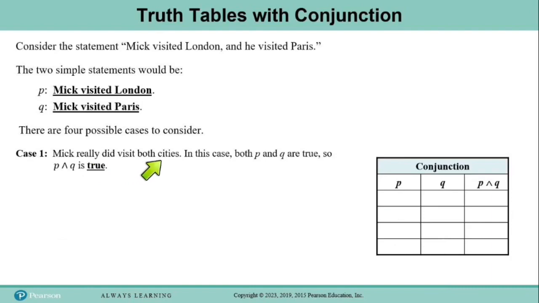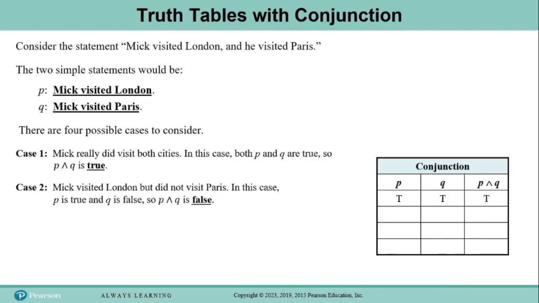If he really did visit both cities, then statement P would be true and statement Q would be true. So the overall statement, Mick visited London and he visited Paris, would also be true. And we can see that on the truth table here. If P is true and Q is true, then the statement P and Q is also true.